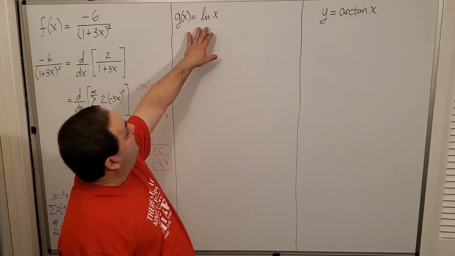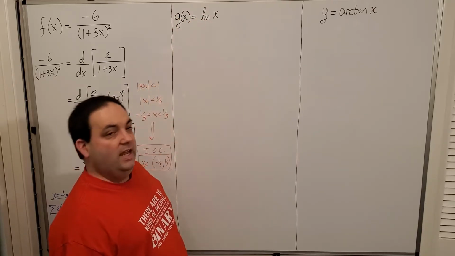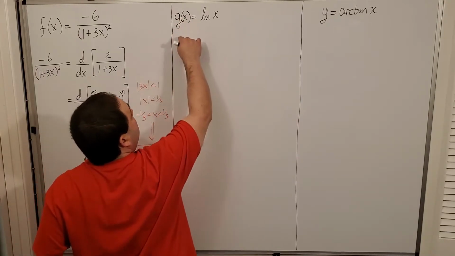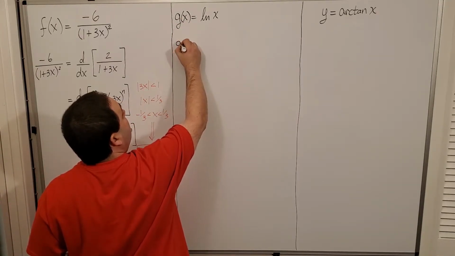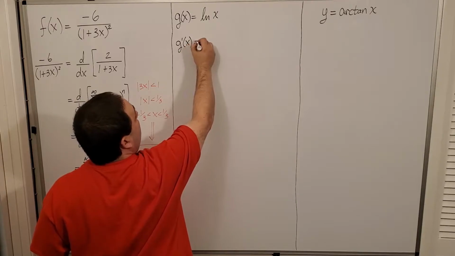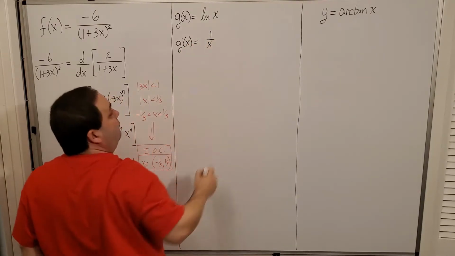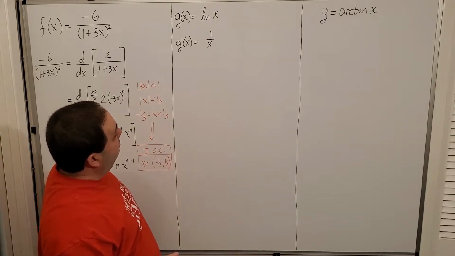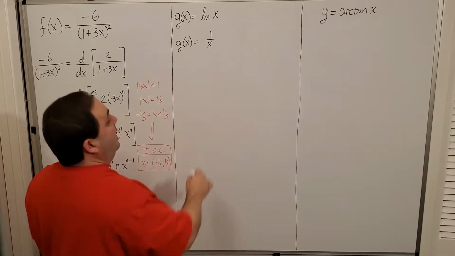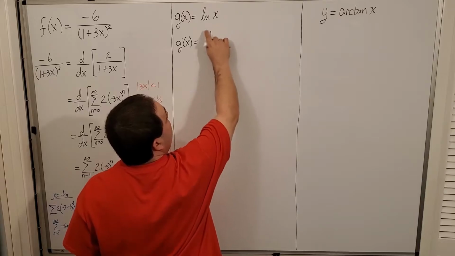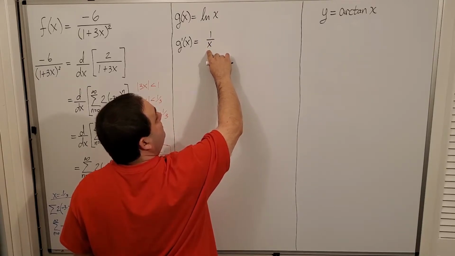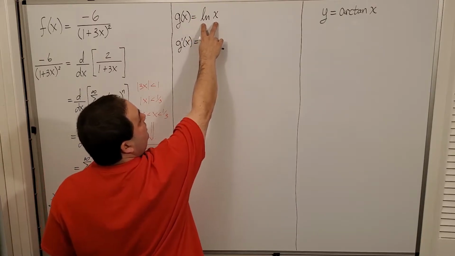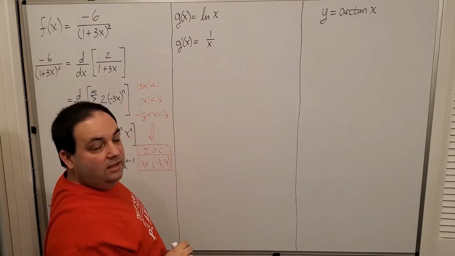I know that the derivative of ln x is 1 over x. So in our case, g prime, the derivative of what we're interested in, is a rational function. From here, what I'm going to notice is that I can now make the power series of this and then apply it with an antiderivative to give me the power series of the ln function.